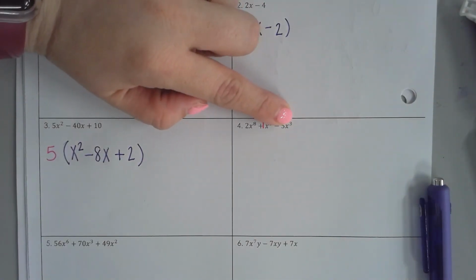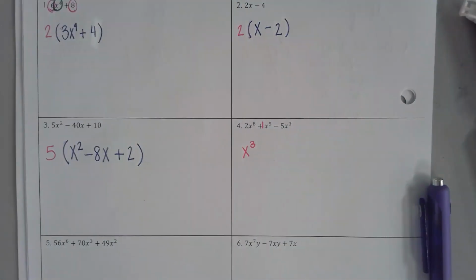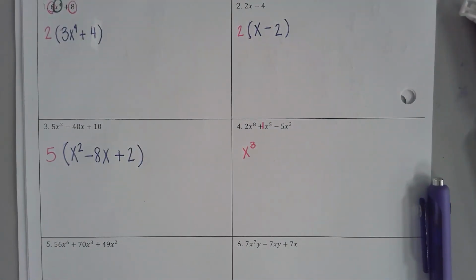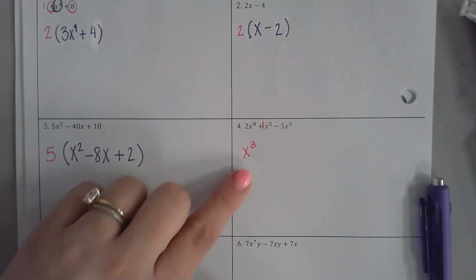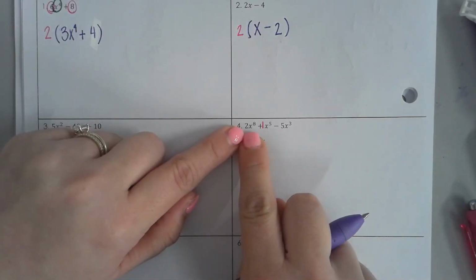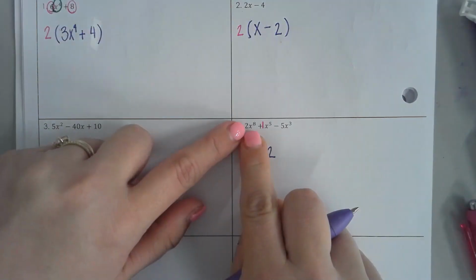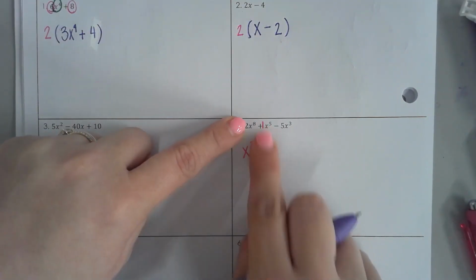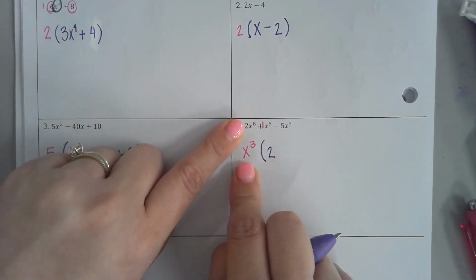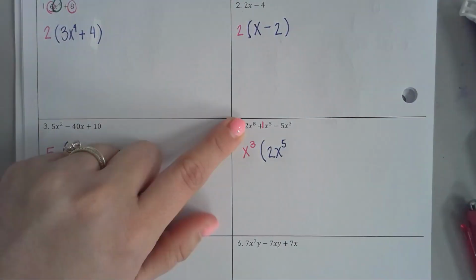The highest number of x's I could even take out is x cubed, because you can't take more than what one has. We're not going to put them in depth. So this one, I didn't divide out any numbers, so I still have the 2. It started with x to the 8th, and I took x cubed, so it's left with x to the 5th.